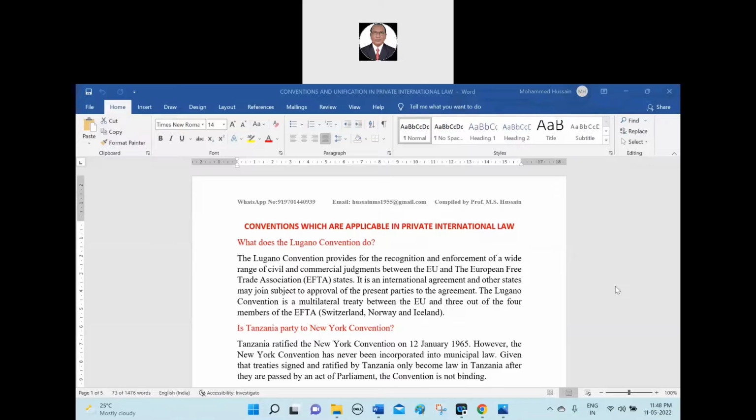If any other country wants to join, they have to get the agreement of these countries. It means Tanzania, India, or any other East African countries will not be members of this Lugano Convention. Is it clear? Say yes.